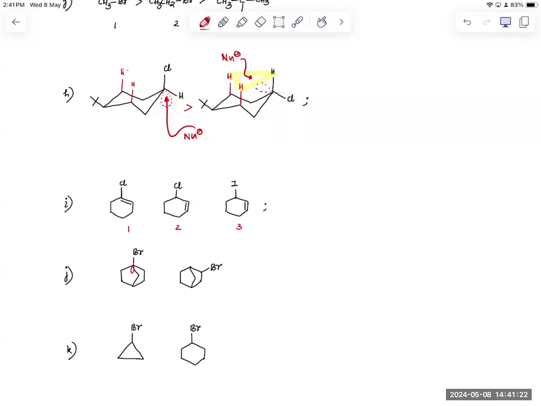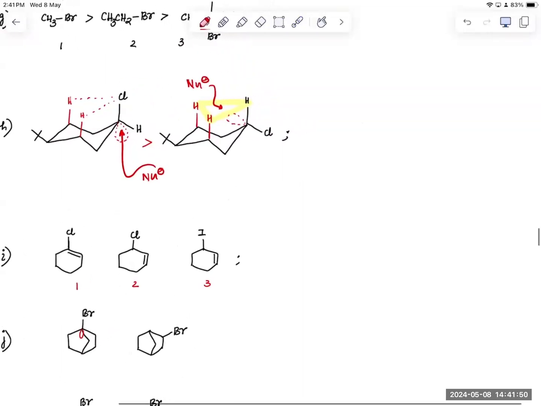Why? In the axial direction, they will always have repulsions with hydrogen. This will have a delta negative charge and this will also have a charge on hydrogen, so they will always have a repulsion. It is van der Waals repulsion, not hydrogen bonding or something. So axial becomes easier to break.